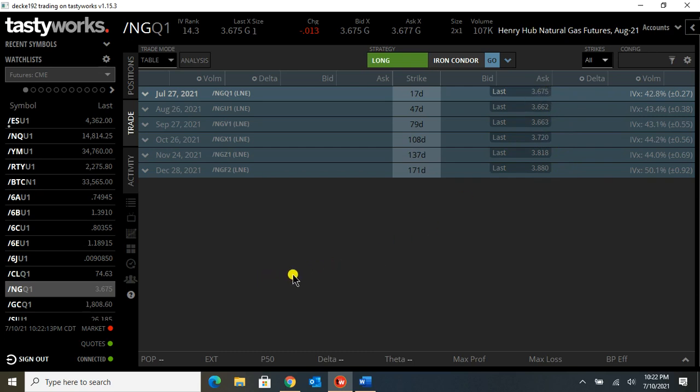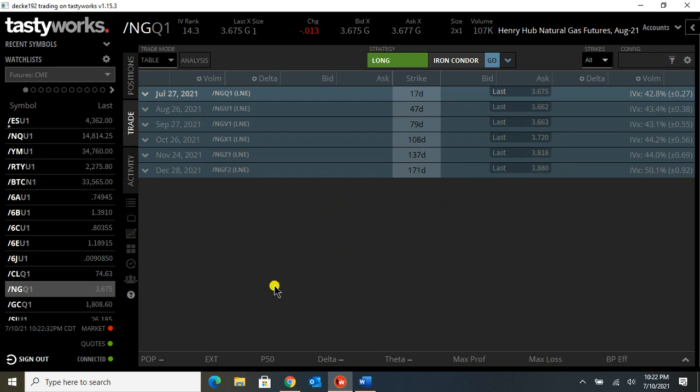So the curve is actually an upward sloping curve as we go out in time, and that is known as contango.